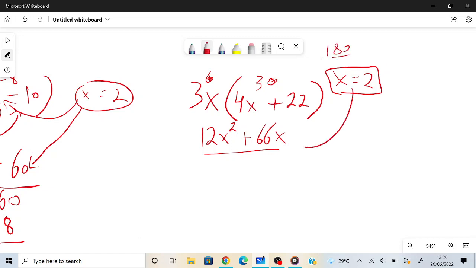And then putting the 2 back over here, you should get 180. So 12 into 2 squared, that's 12 times 4, and that is 48. 48 plus 66 into 2, that's 132. 48 plus 132, that is 180. So the expansion is correct.